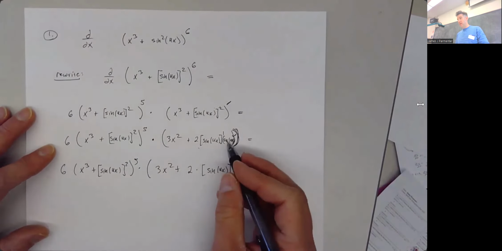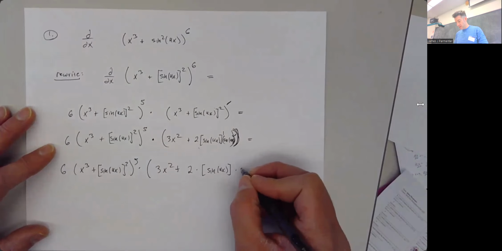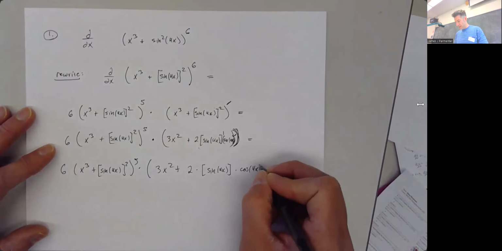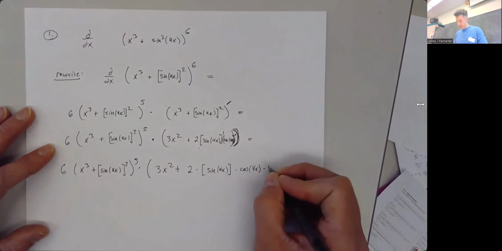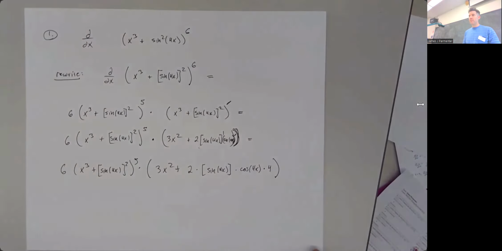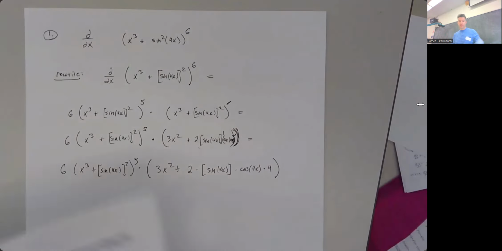And then the derivative of sine of 4x is going to be cosine of 4x times the derivative of 4x, which is 4. So many problems you will see have multiple applications of the chain rule. That happens not infrequently.